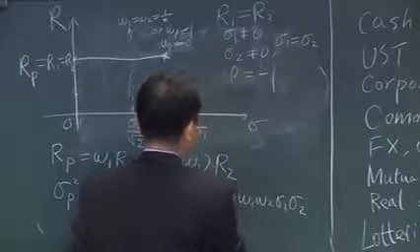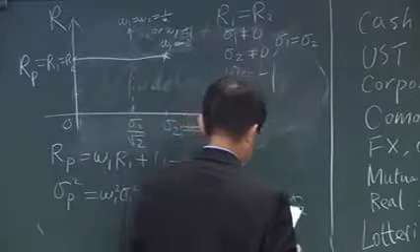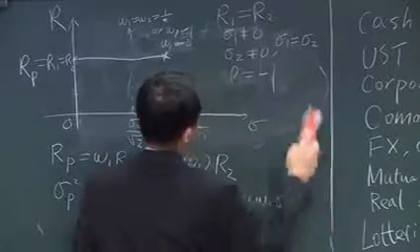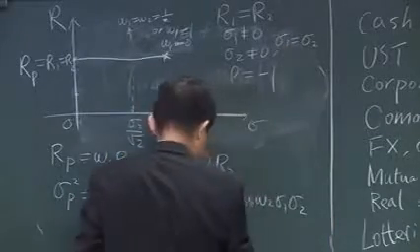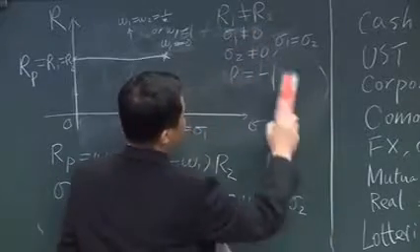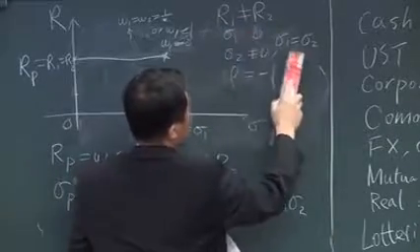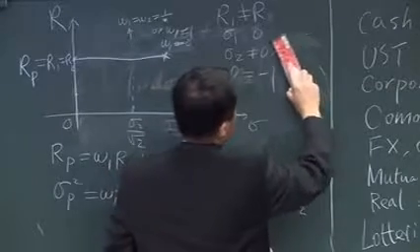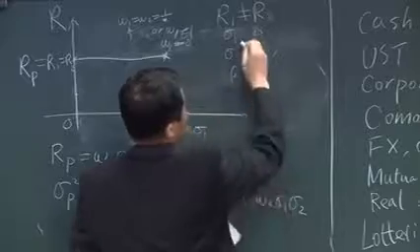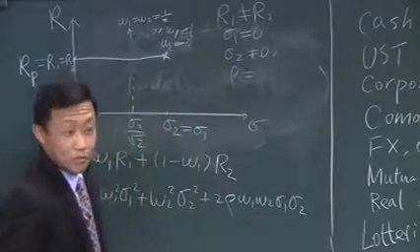And so let's look beyond those cases. So now R1 does not equal R2 anymore. Sigma 1 equals 0.